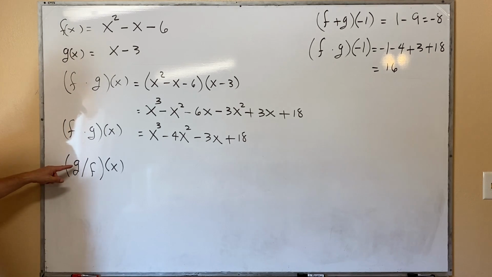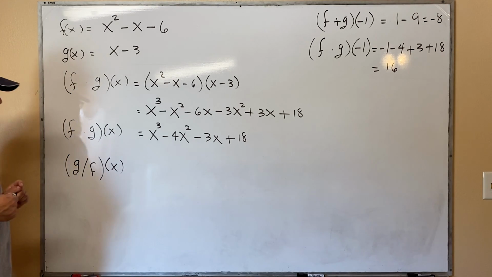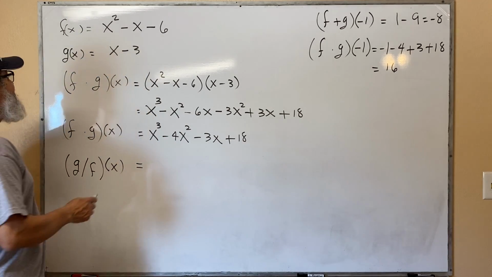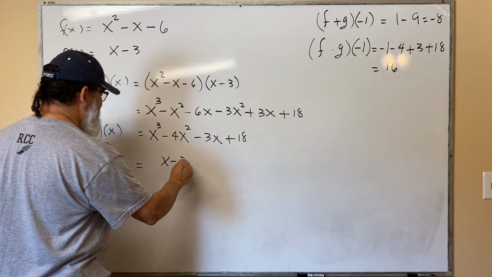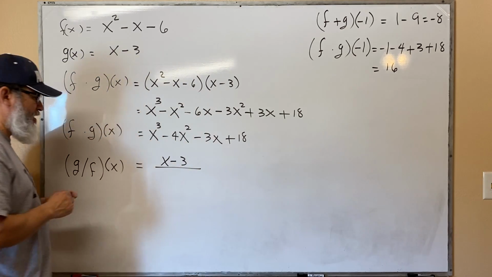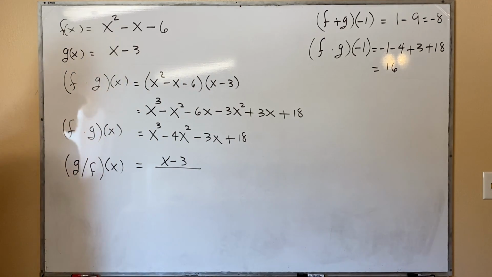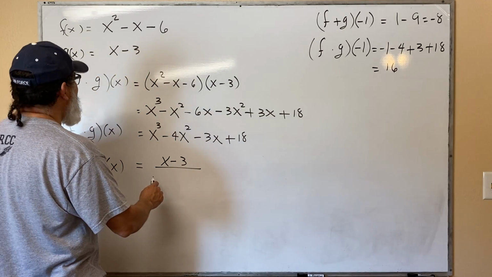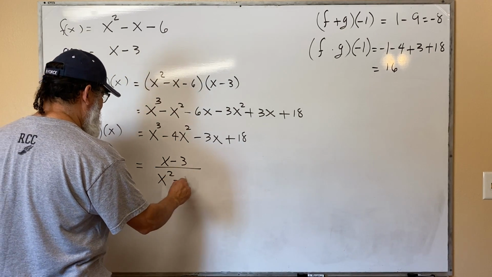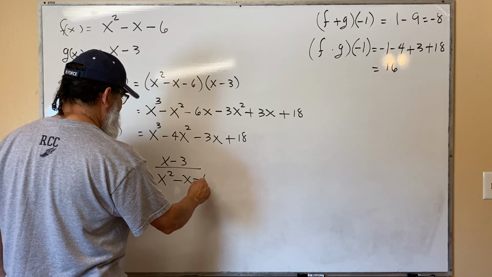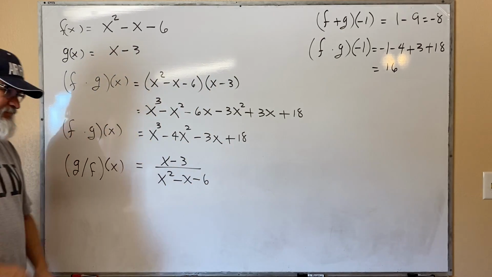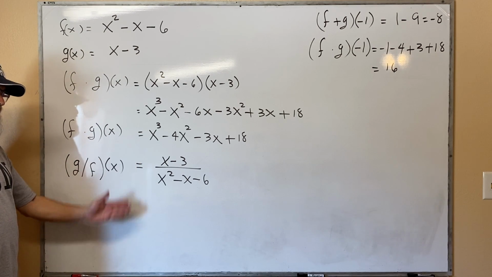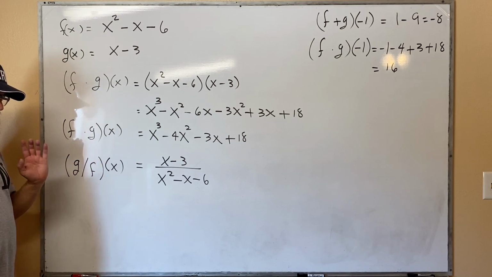Look, g is up in the numerator. So g is what? G is x minus 3 divided by, okay? F is x squared minus x minus 6, okay? So this is a rational function. It's a rational function, okay?